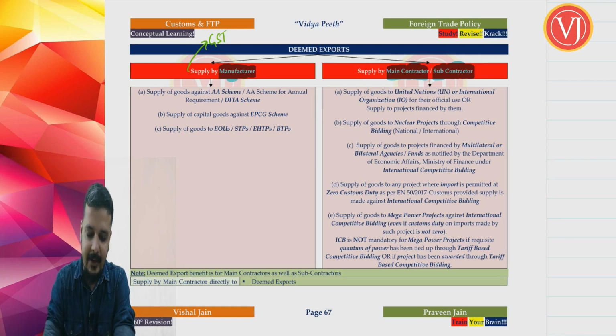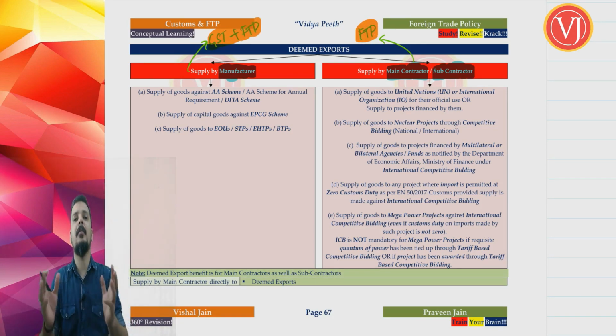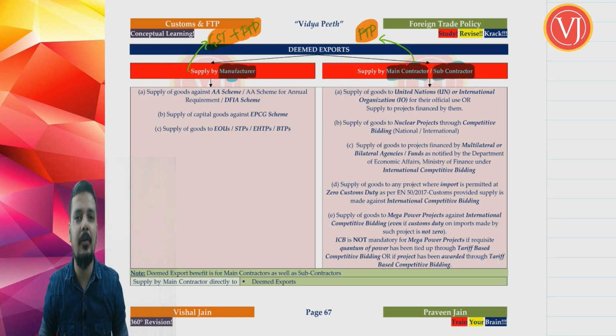The first category of deemed exports is there in GST as well as foreign trade policy. The second category, where you are talking about main contractor and subcontractor, is there only in your foreign trade policy. And friends, that was the reason I said your foreign trade policy concept of deemed export is wider than the concept of deemed exports in section 147 of your GST.